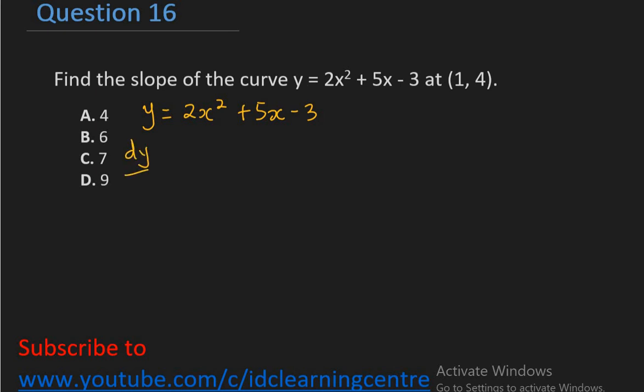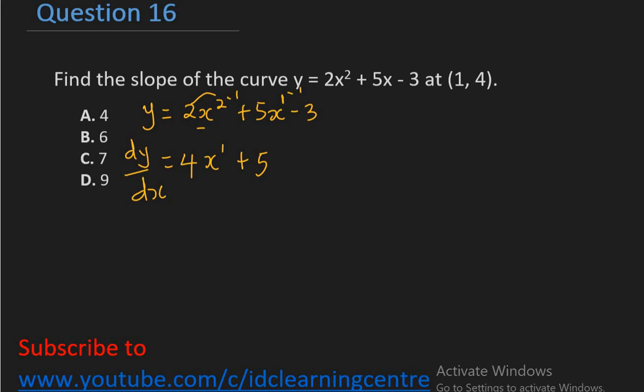So dy dx. If you differentiate this, it will be 2 times 2, 4, then minus 1 from the power. X, you'll be left with 1. Plus, if you differentiate this, it is raised to power 1 times 5 is 5, then minus 1, it will now give me x raised to power 0, which is same thing as 1.